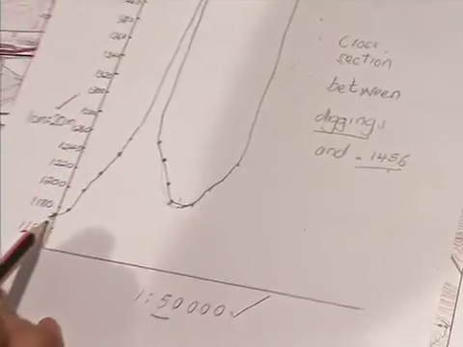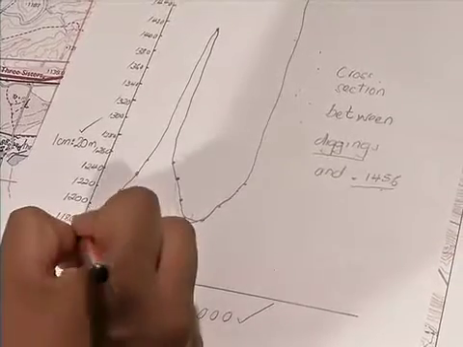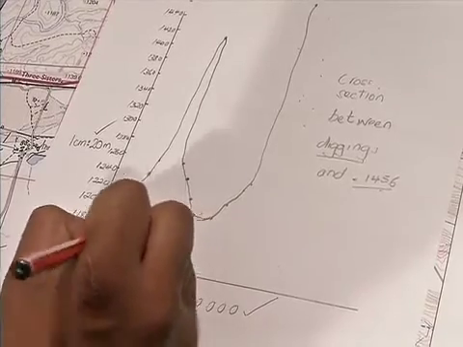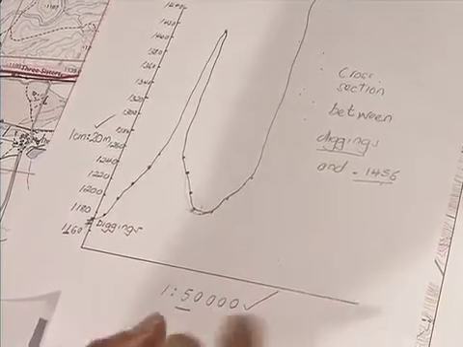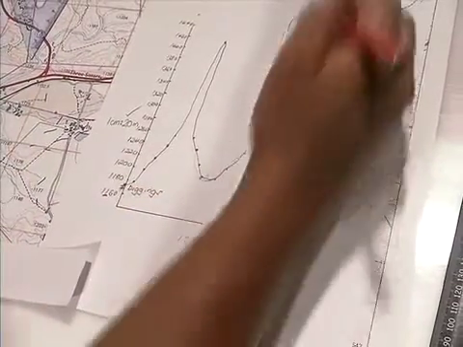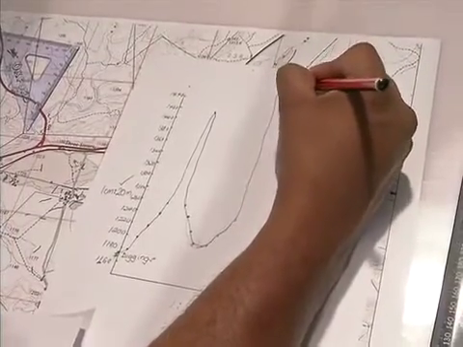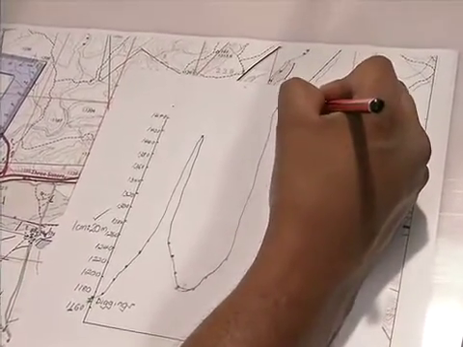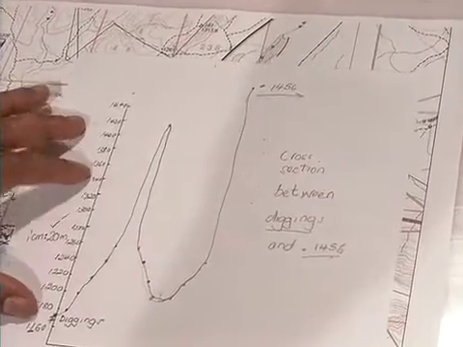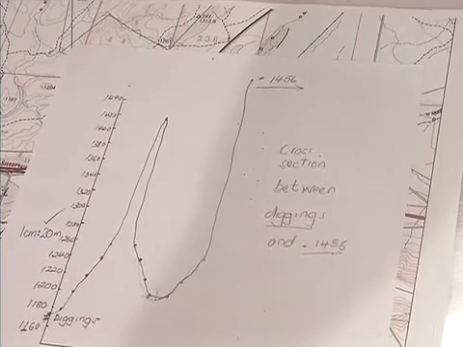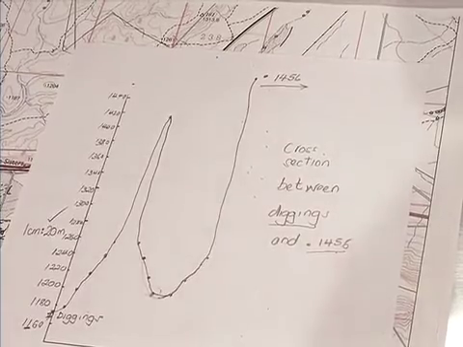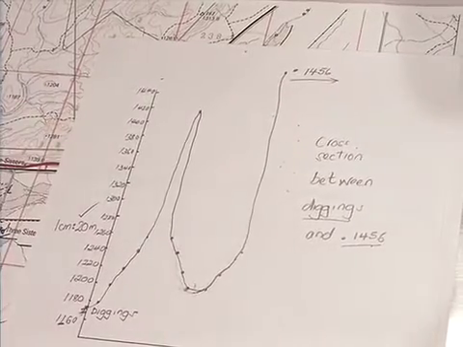At that point, I have my diggings, and I will label that part my diggings. Remember, a diggings is another term on a topographical map for any mining activity. In this case, my final point is here, spot height 1, 4, 5, 6. And this, ladies and gentlemen, boys and girls, is what we call a cross-section. Right? Let's now move back to the screen in order to further identify what it is that we are required to do.